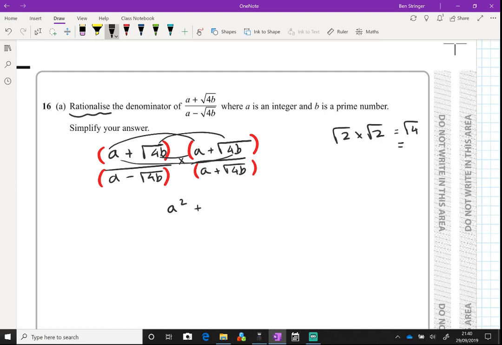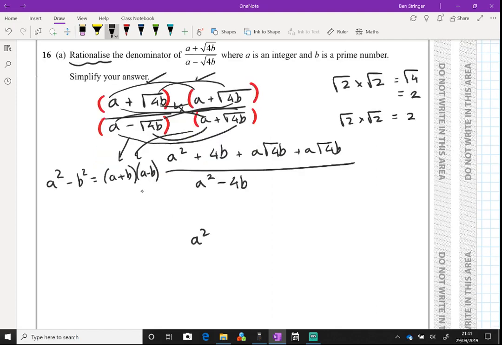Tidy up the top part of this fraction: a squared plus 4b plus 2a root 4b over a squared minus 4b, which is a lot less complex than the original expression, because we don't have a square root in the denominator.